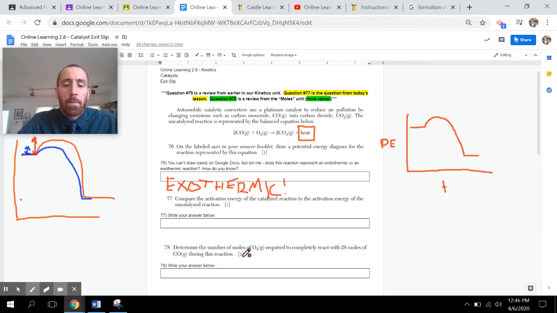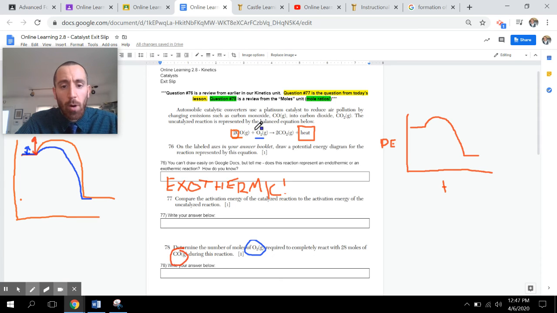And number 78, I'm going to go through this kind of quick, but your mole ratio, it's asking for CO and O2. So going back to this is something we did in class. So we're talking about O2 and CO. The mole ratio is 2 to 1, right? It's a 2 to 1 mole ratio.